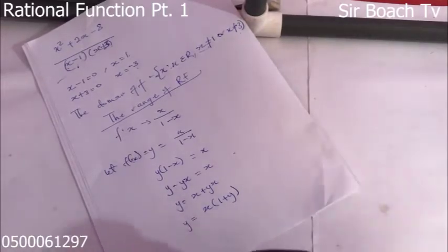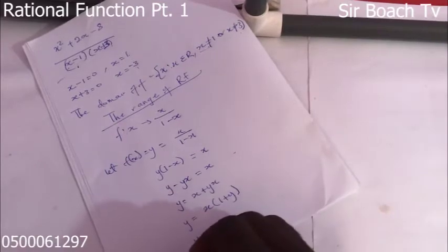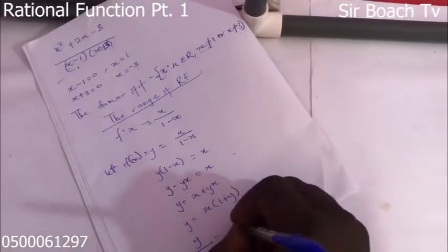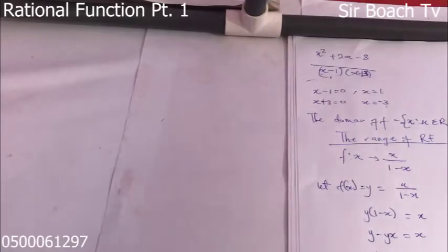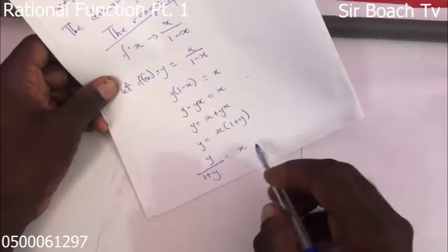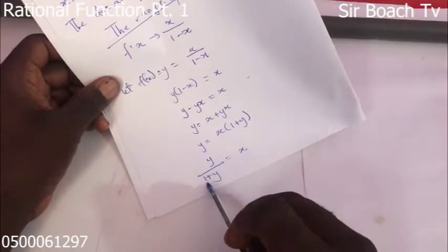So we divide both sides by 1 plus y. We are going to get y over 1 plus y being equal to x. So that is what we are getting for x. Okay, so x is y over 1 plus y.